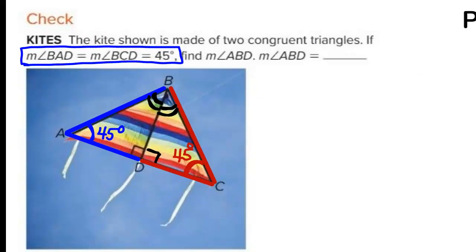They want me to find the measurement of angle ABD. So we are looking for this angle right here that I have outlined in orange. How can I find the measurement of angle ABD? What could I use to figure that out? Triangle sum theorem.